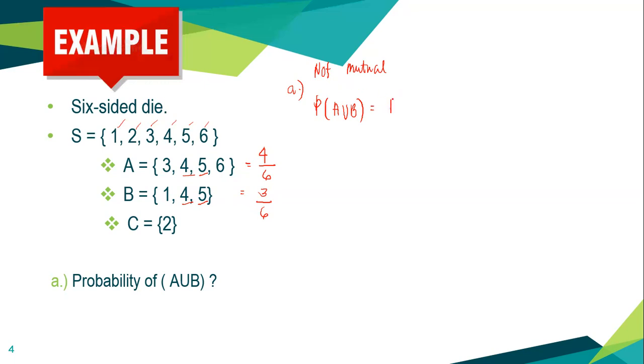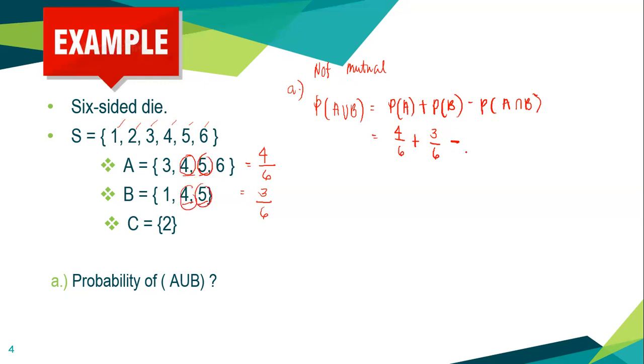We have probability of A plus probability of B minus probability of A and B. So, lagyan lang natin ang data. We have 4 over 6 plus 3 over 6 minus, ilan yung common sa kanilang dalawa? Ilan ba ang pareho? We have 4 and we have 5. So, that is, ilan yon? 2.